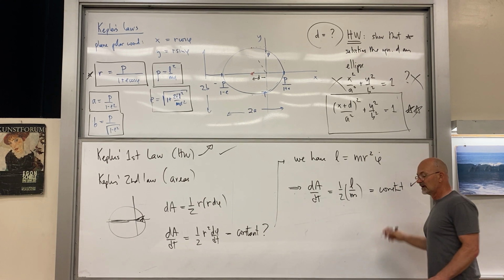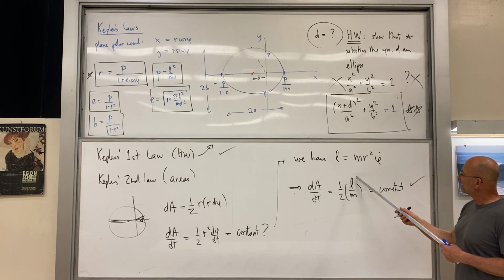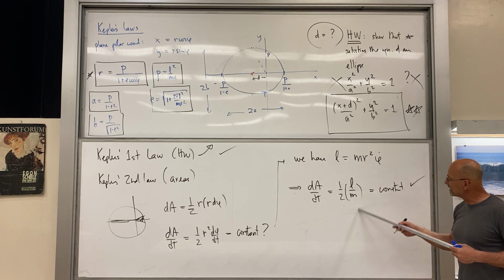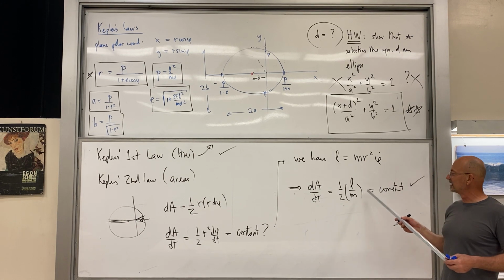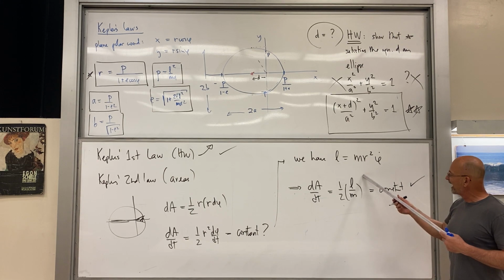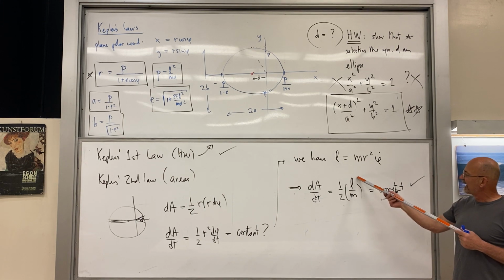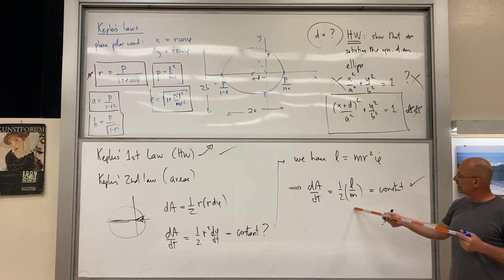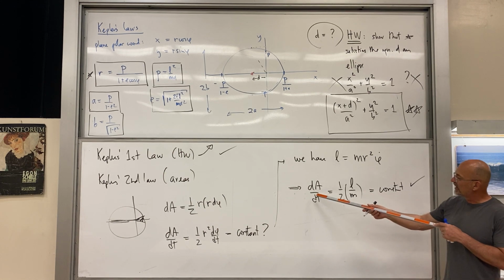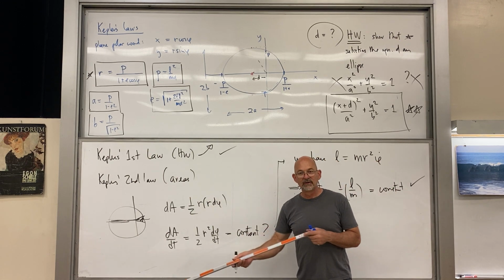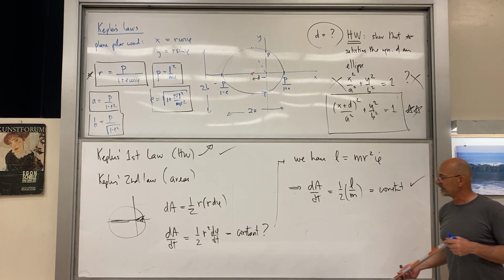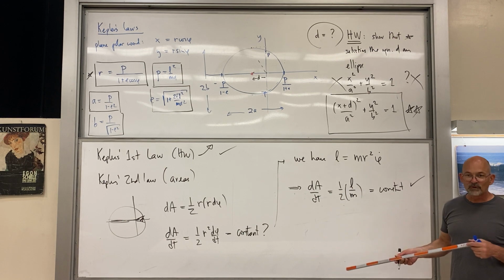So that equals a constant. What that means is conservation of angular momentum is something we already had, right? We had conservation of angular momentum as a property of the central force problem, and it turns out that means the area being swept out is constant in time as well.